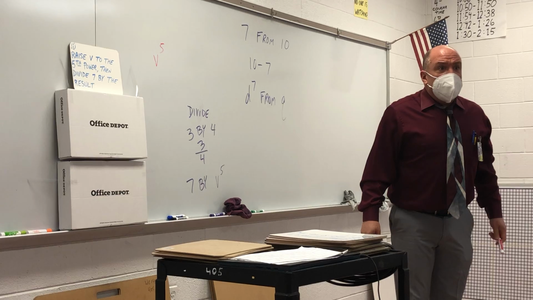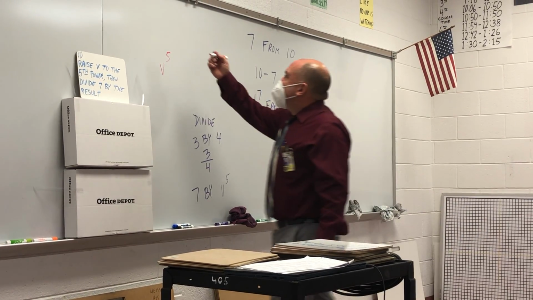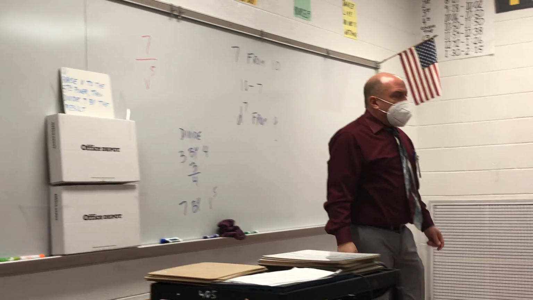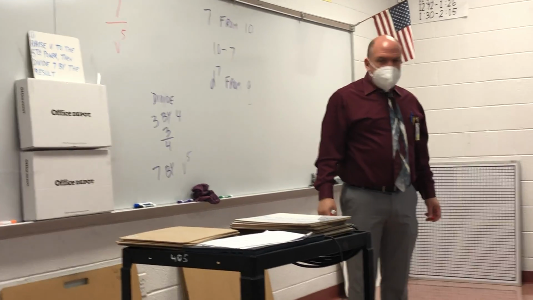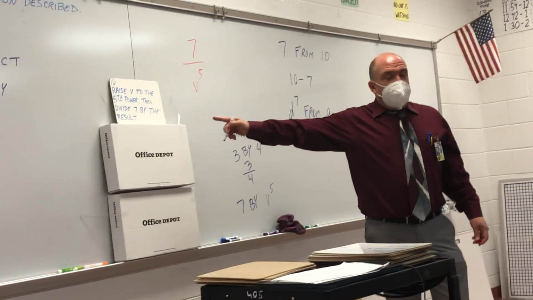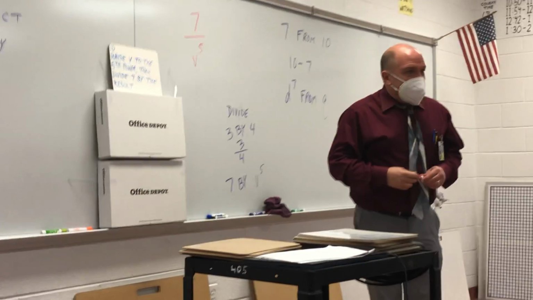Does everyone agree with that? 7 over v to the 5th is correct. Can I have a nod if everyone's okay with that, please? All you have to do is read it carefully. I didn't. I made that mistake.